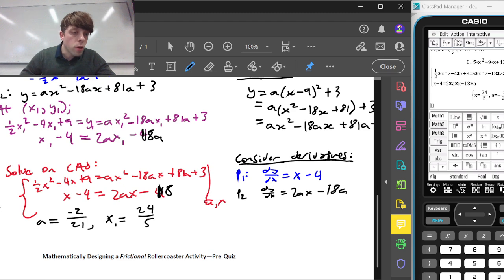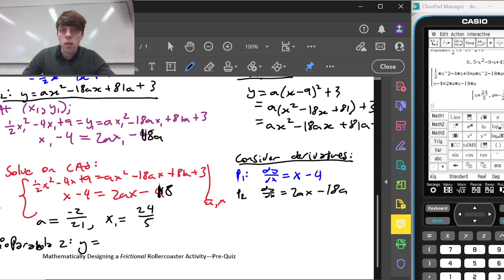So let me just do that for you. Therefore, we can find the equation for parabola 2. We had this equation here before: y is equal to a times x squared, etc. We just found that a is equal to negative 2 over 21, so I'm just going to substitute that into the equation.